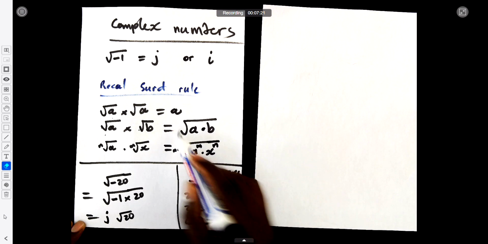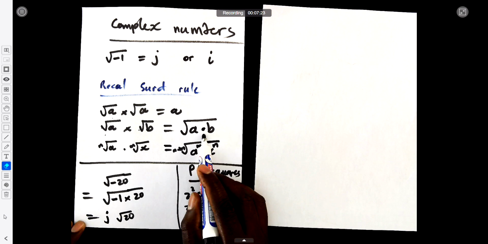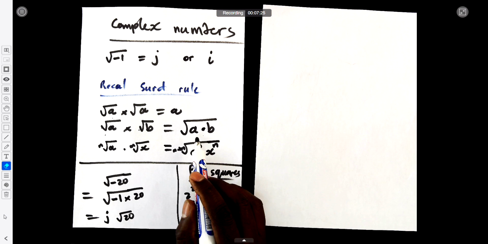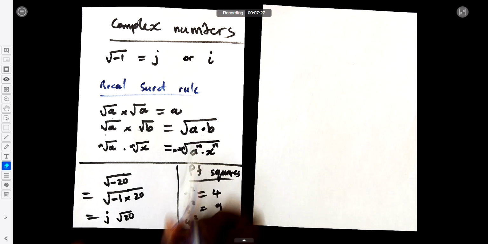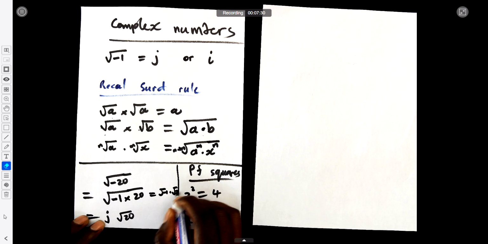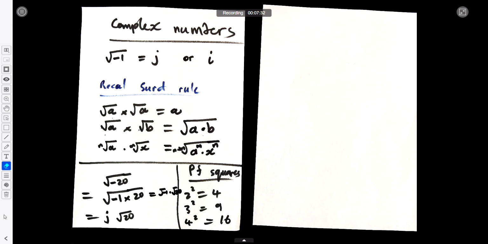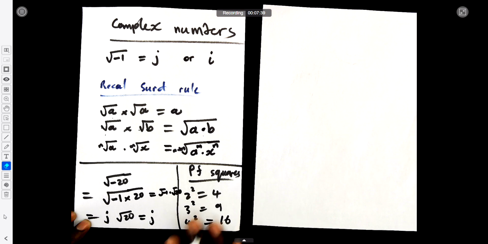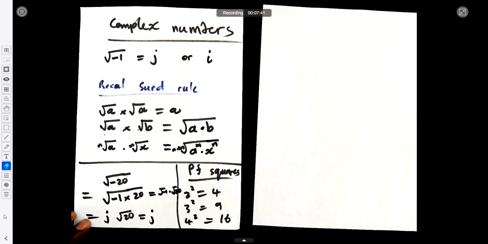So we use this rule here. We have factors multiplying each other. I split it into the square root of negative 1 times the square root of 20. So that's what we did. The square root of negative 1 is j. The square root of 20, we know, must be 2 root 5.